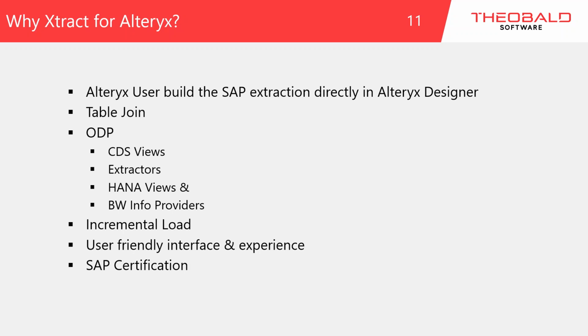As a first point, the Alteryx user can build his SAP extraction directly in the Alteryx Designer, since we have an embedded SAP connector. It has table functionalities that support maybe table join. You can join tables. You can run that in SAP in the background.